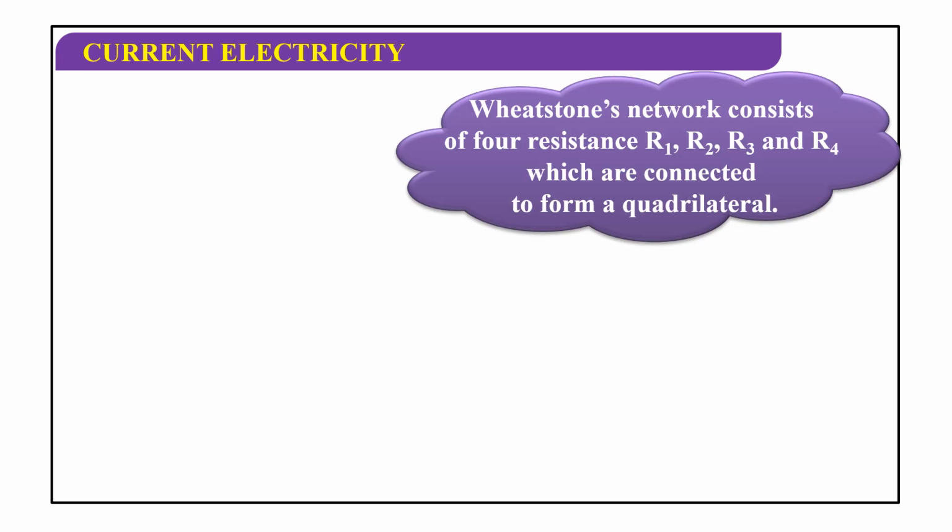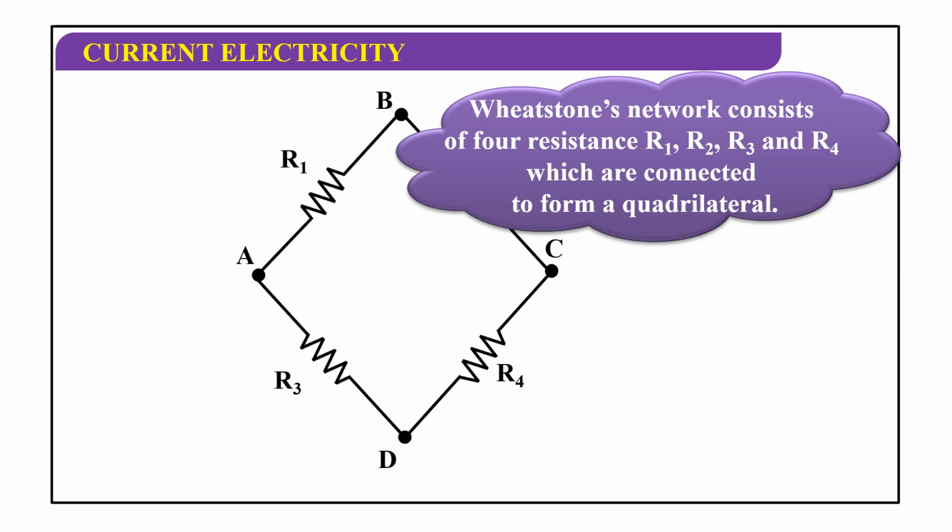Wheatstone's network consists of four resistances R1, R2, R3 and R4, which are connected to form a quadrilateral ABCD. Resistance R1 across AB, R2 across BC, R3 across AD and R4 across DC.